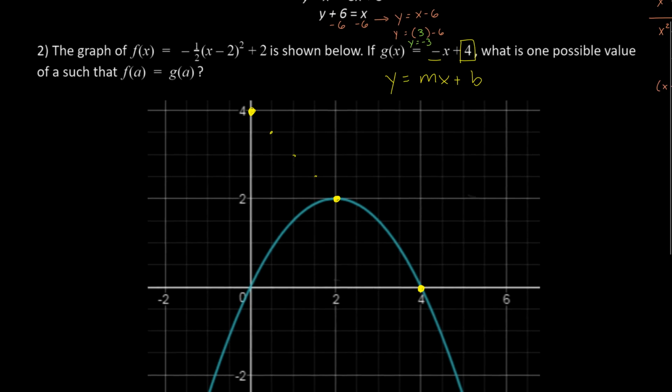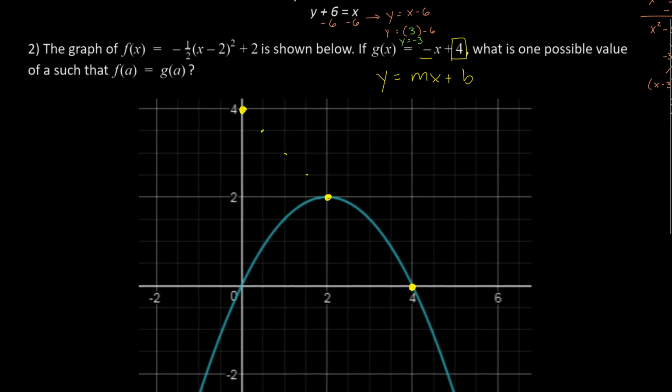But it just wanted one possible value. Now, I could have been a stickler on this. I think only one person truly got this answer correct, because what did they want? One possible value of A. They only wanted what value?